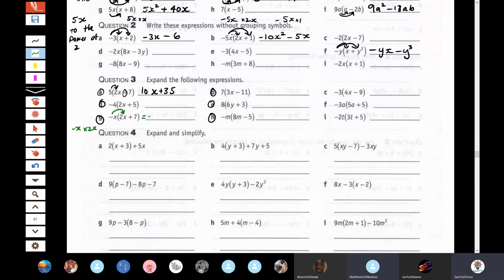Negative 2x squared. Correct. It's easier to break things up. And then negative x times 7 is negative 7x. Yeah, all right, good work.